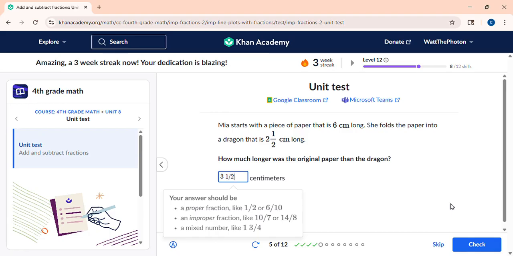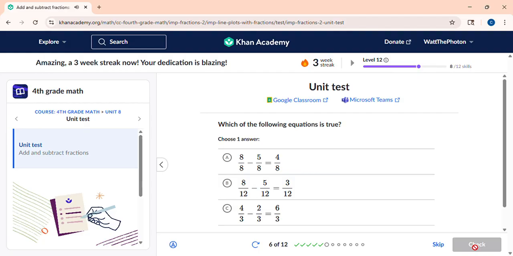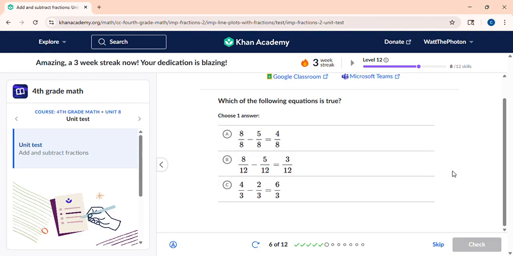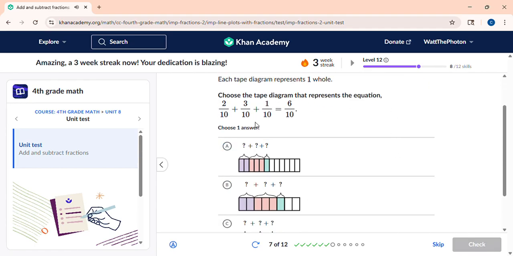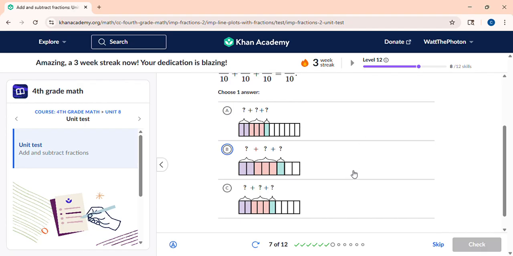No, 3. Which is true? That is not true. This. That is not true. This must be true. 2, 5, 6. 6 out of 10. 6. No, that's 6 out of 8. 6 out of 4. That seems right.